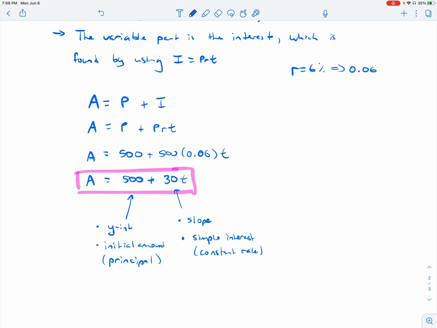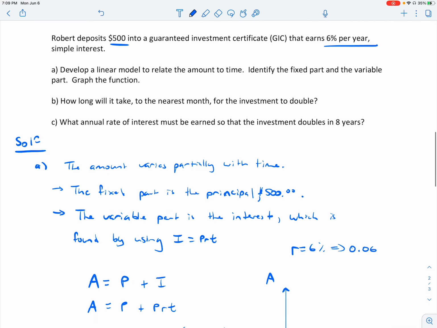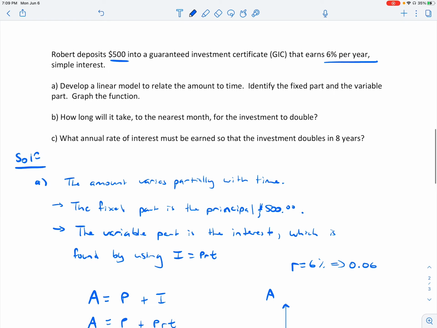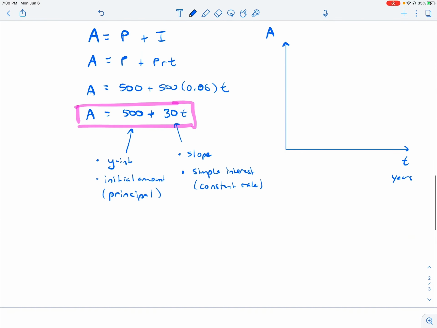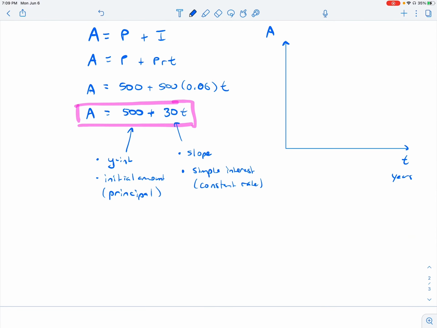So graphing this now becomes quite easy. We'll have our amount in the account, and we'll have time, which is in years. We can do about 4 years.